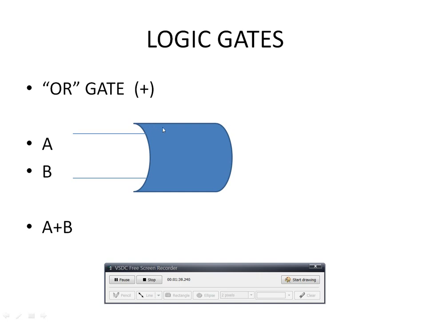Now, the diagram representing the OR gate is this bluish diagram here. And logic gates generally have inputs, something that can pass through them. The inputs to logic gates start with 2, 3, and above.